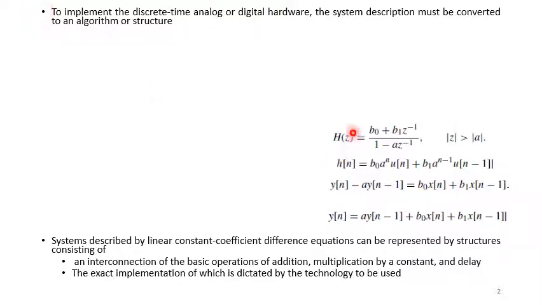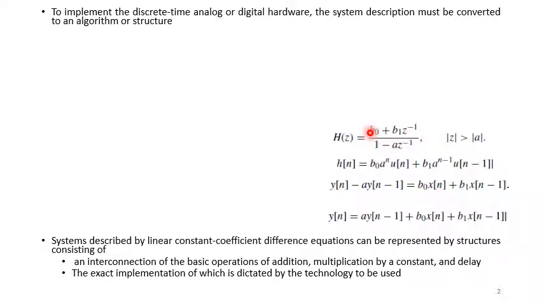So I hope you understand how we go from the transfer function in the Z domain into the time domain, where we have the impulse response. That's quite straightforward. This system function can be expressed in terms of the impulse response. So this is the expression for the impulse response of this system.